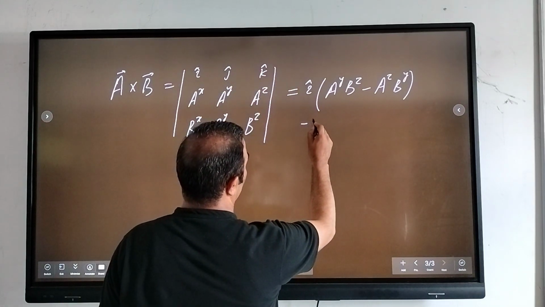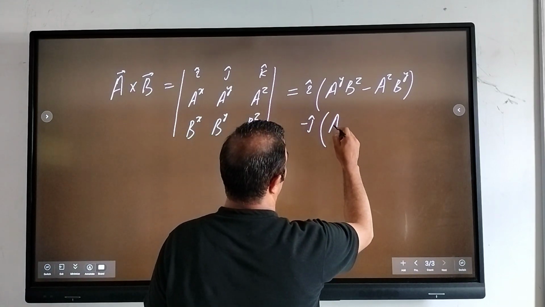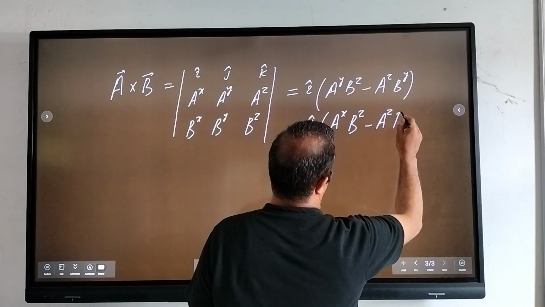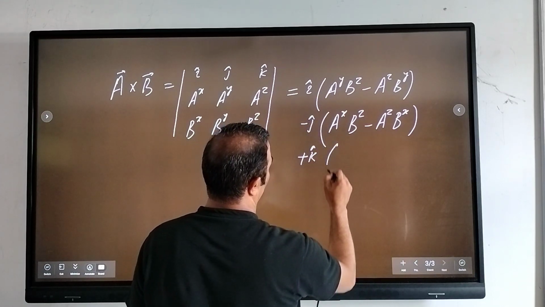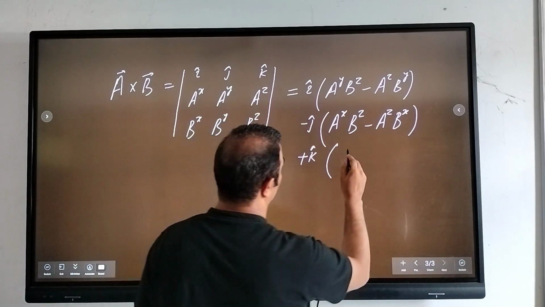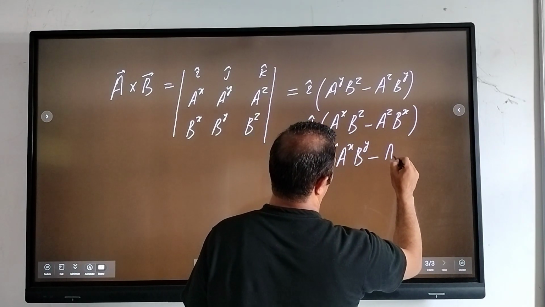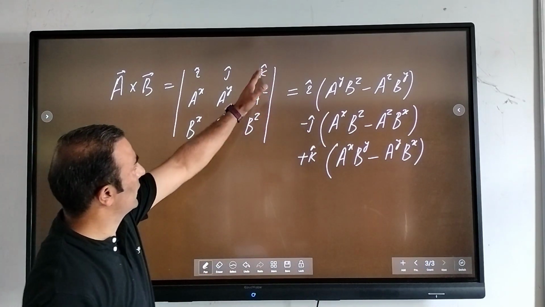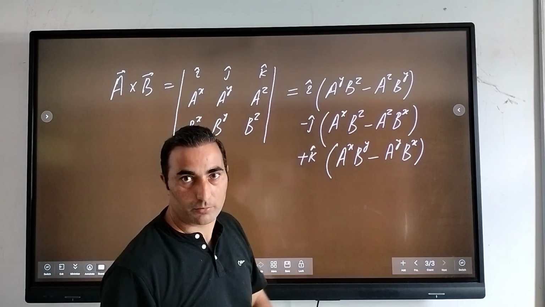And similarly, that will be equal to... let me check if I'm right. So when you take the kth component, that's a_x b_y minus a_y b_x. So this is our third component, second and first component, right?